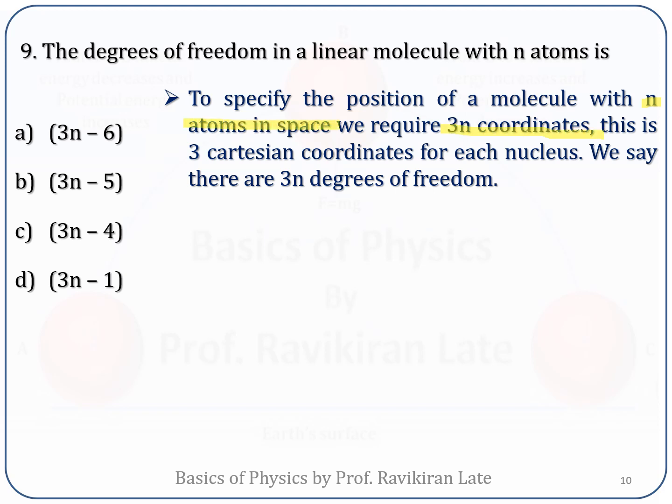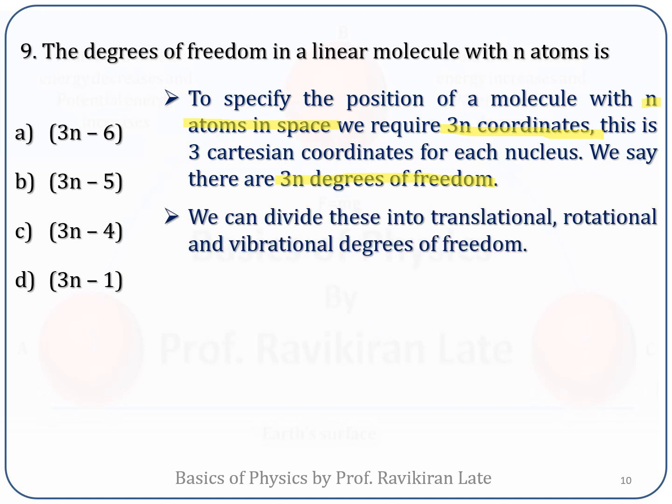These are nothing but the 3n Cartesian coordinates we have, and this forms the 3n degrees of freedom. But we know that the motion of a molecule can be divided into three different parts, that is rotational, vibrational and translational. So each one has its degrees of freedom.